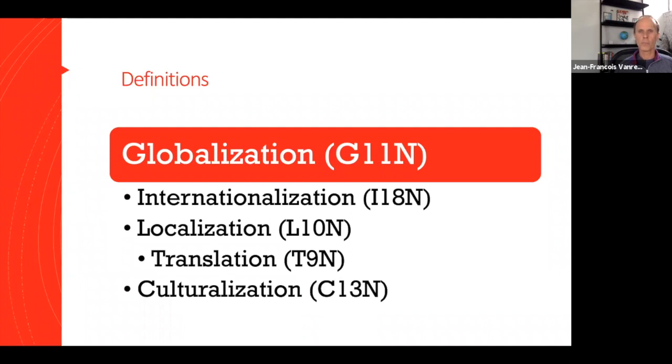So, for example, you want to make sure that your core product, if anyone around the world should be able to type in characters, should be able to have the currency, the date format and so forth supported.